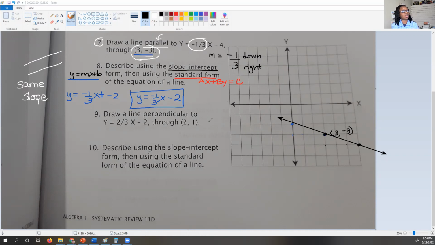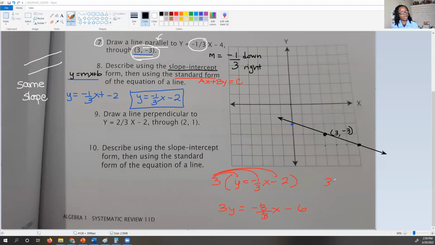So that means I have to manipulate that y equals negative 1/3 x minus 2. I don't want to have fractions. So I'm going to multiply everything by 3. Every single term by 3. So that's going to be 3y equals negative 3/3x minus 6. Well, 3/3 is 1.